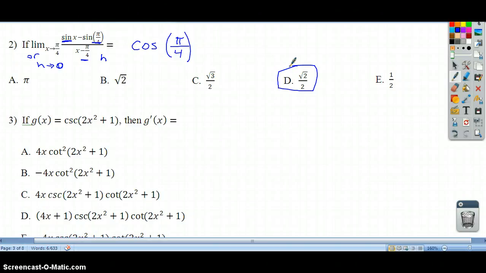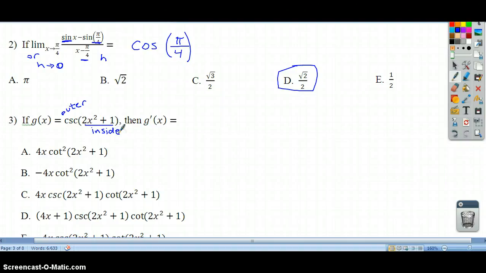Okay, if g of x equals the cosecant of 2x squared plus 1, then g prime of x equals. All right, so here we're going to do the chain rule. And we will go ahead and look at the derivative of cosecant, which is negative cosecant cotangent of x. So to do the chain rule, we're going to evaluate our outer function, and this would be our inside function.